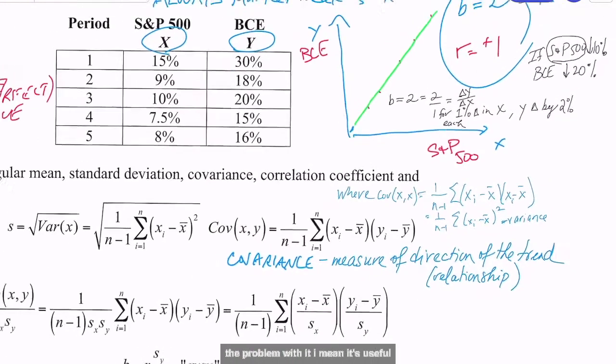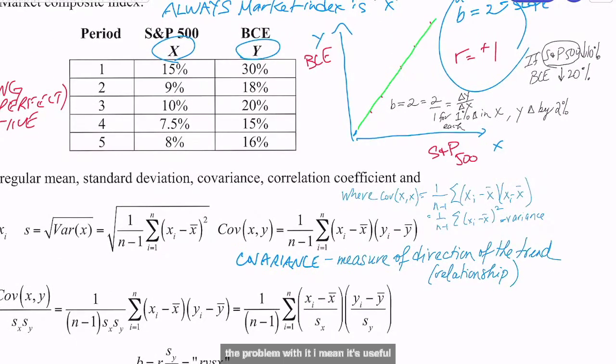The problem with it, I mean, it's useful in getting us where we want to get. What we end up doing is converting this, because the values of the variable help us determine in relative terms, is that high or is that low?